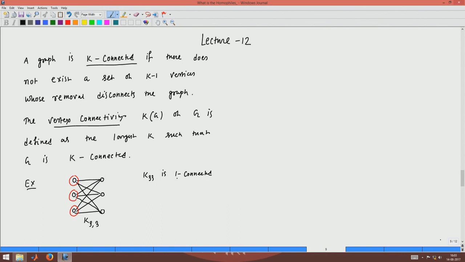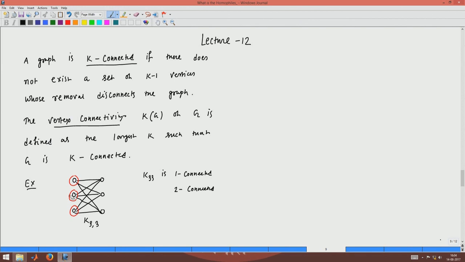because there does not exist a set of 0 vertices whose removal disconnect the graph. Here I can say the graph K 3 3 is two connected because there does not exist a set of one vertex whose removal disconnect the graph.